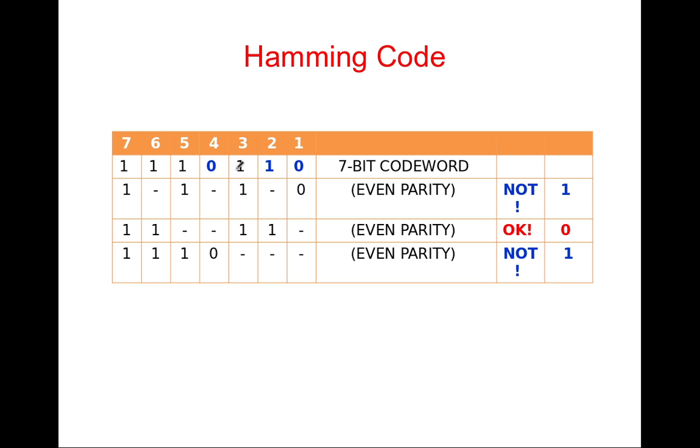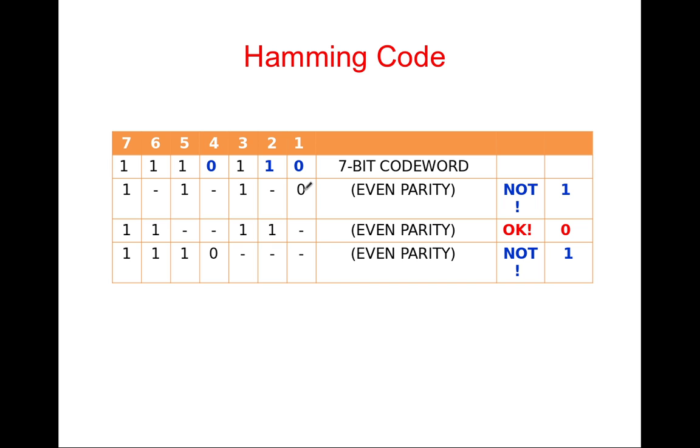Now for the receiver, only this message is there, so it will calculate the parity once again as in the previous procedure. For 1, first, the value is 0. It will calculate the corresponding bits, that is 1, 1 and 1. So they have odd parity, and the parity bit says that it is 0.